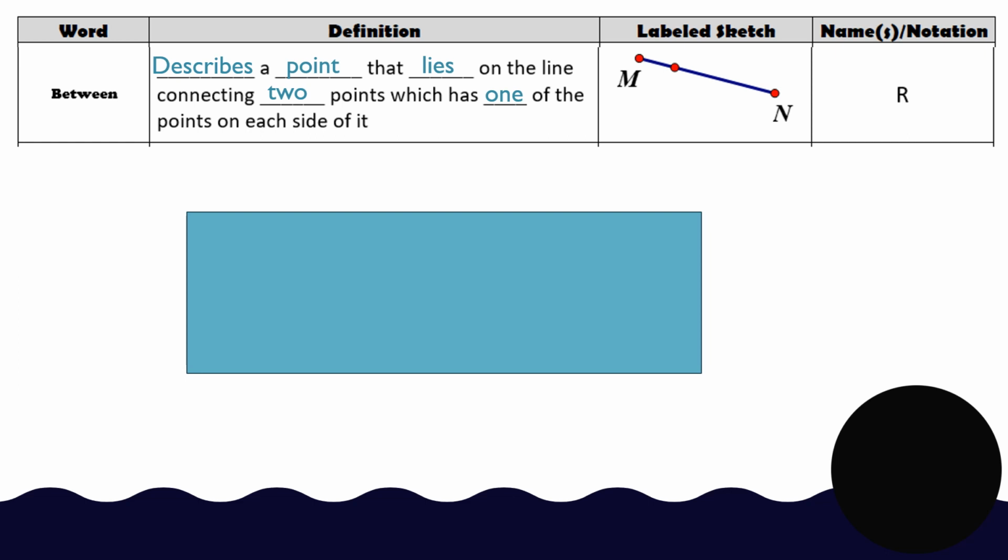Basically, we need to define this because we're going to say A is between B and C, and we need you to be able to draw that. Like, what does that look like when we say it? So that part of it, again, we'll cover a little bit more tomorrow.